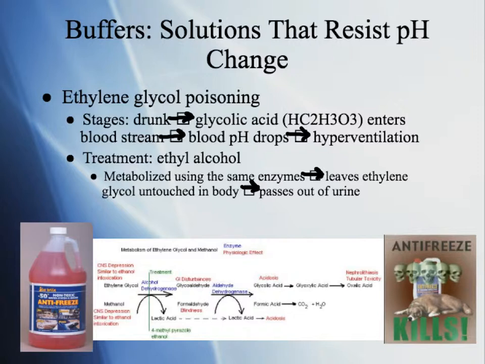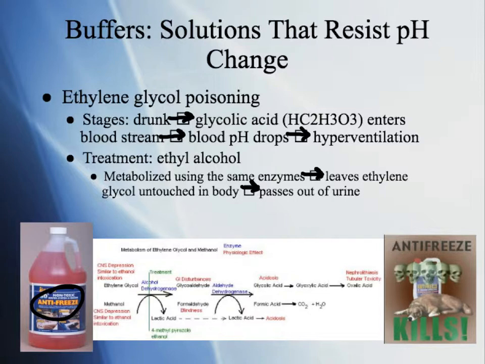Remember, ethylene glycol, which we talked about in the very beginning of the chapter, is found in antifreeze, which we use in our cars to keep our engines from freezing up. Remember, it is a boiling point elevator, which means it increases the boiling point of water, and it also decreases the melting point of water.